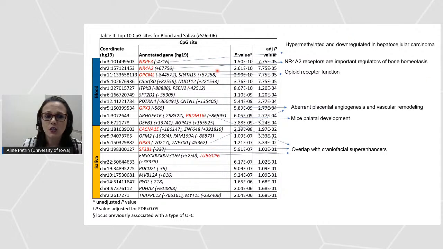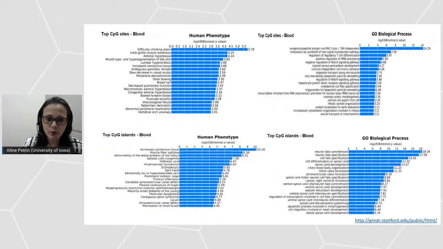Like I said, we see genes that are hypermethylated and downregulated in situations that are relevant for cleft development, like regulators of bone homeostasis, opioid receptor, which would be related to the environmental exposures. There's a gene that has been proven to be involved in mice palatal development, and some genes that overlap with craniofacial superenhancers.